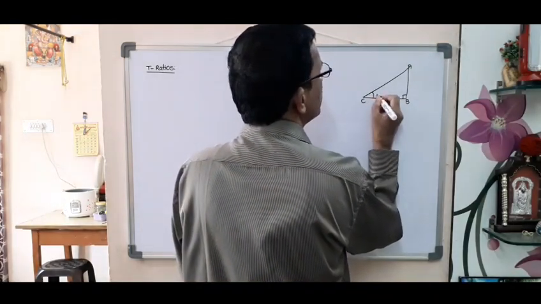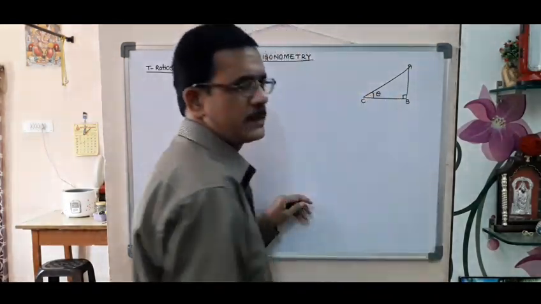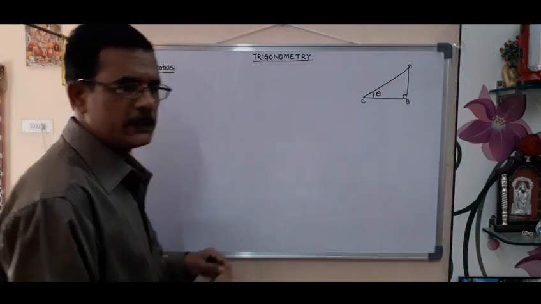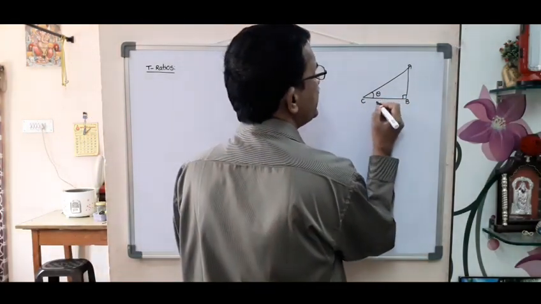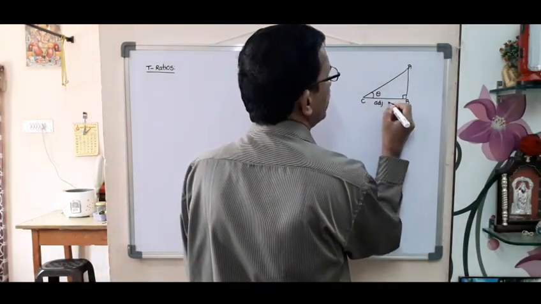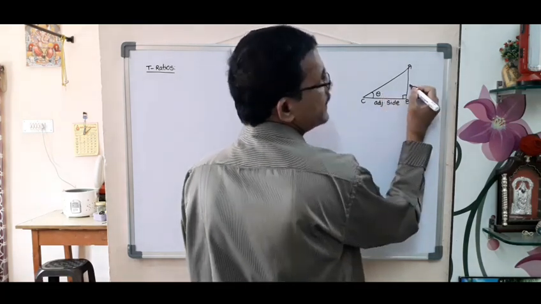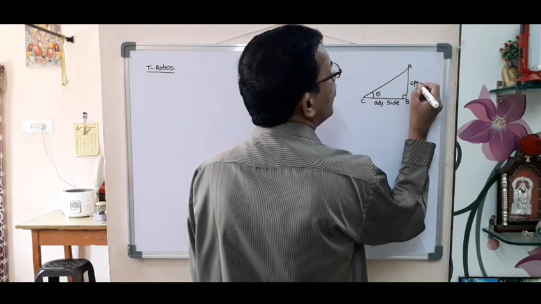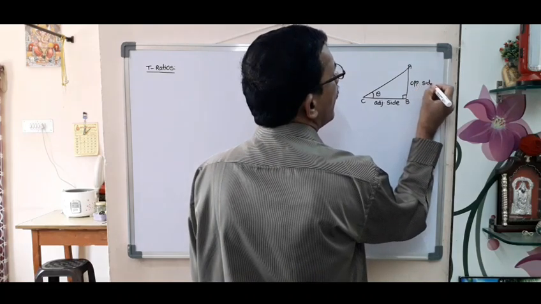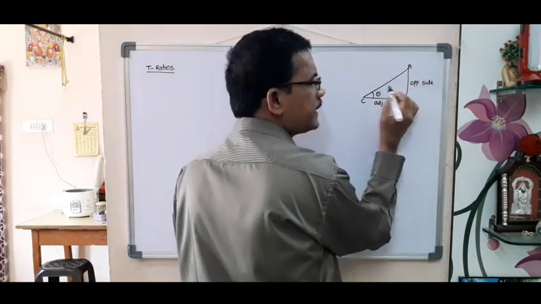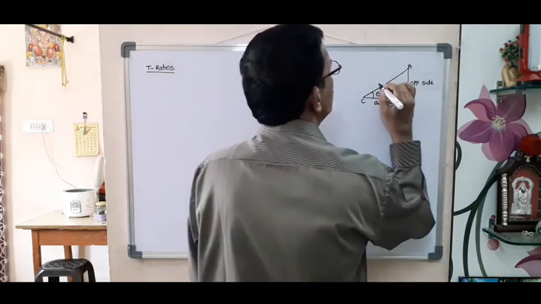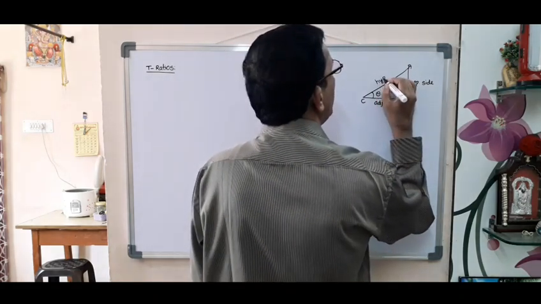I am taking C as theta, some angle. With respect to theta, this side BC is called the adjacent side. With respect to theta, this side AB is called the opposite side. This is the side opposite to the right angle, so we will call it the hypotenuse.